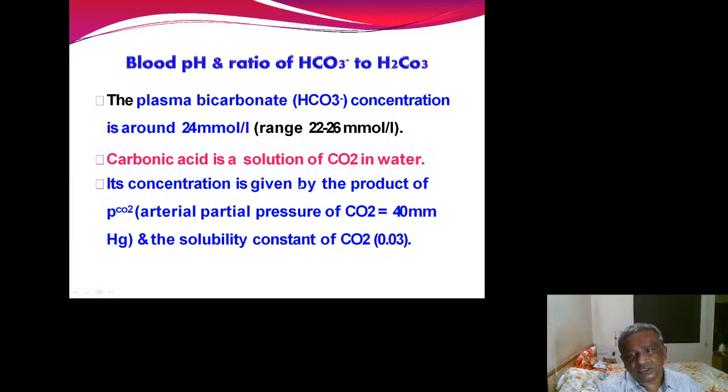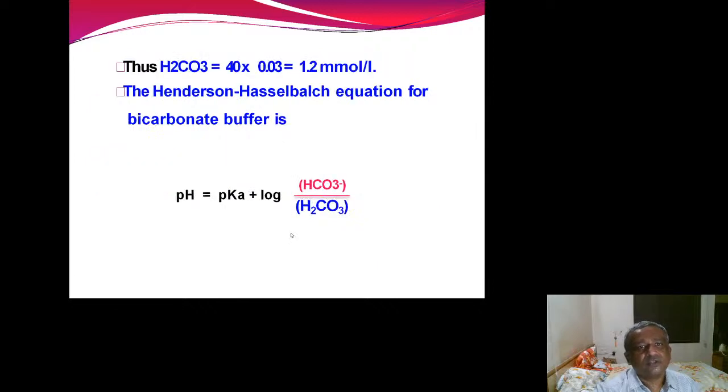Its concentration is given by the product of PCO2, the arterial partial pressure of CO2, which is 40 millimeters of mercury, and the solubility constant of CO2, that is 0.03. So H2CO3 is equal to 40 times 0.03, that is 1.2 millimole per liter.